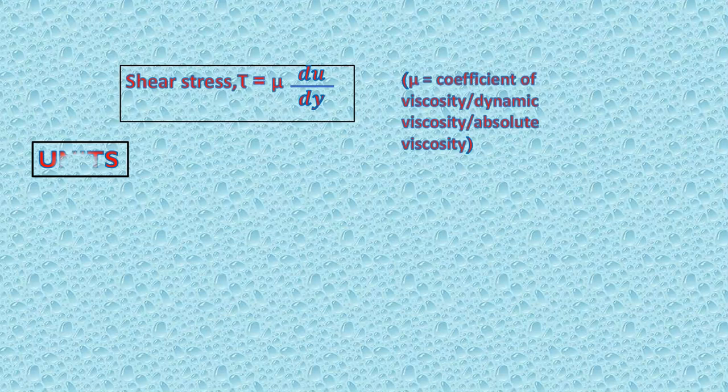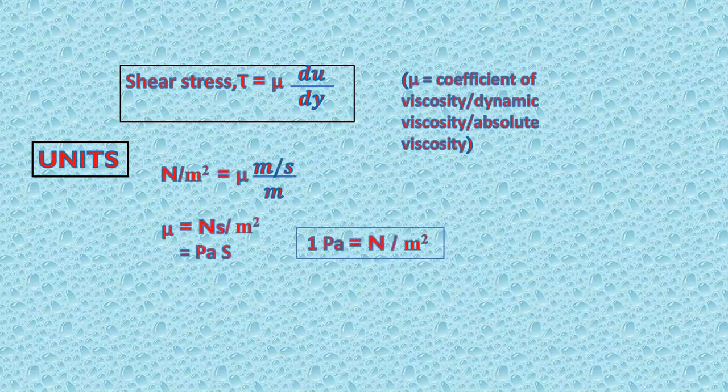Now the units of viscosity. You know that shear stress has the unit Newton per meter square, the unit of velocity is meter per second, and the unit of y is meter. So interchanging, you will get the unit of mu as Newton second per meter square. We know that 1 Pascal equals Newton per meter square, hence we get the unit of mu as Pascal seconds.